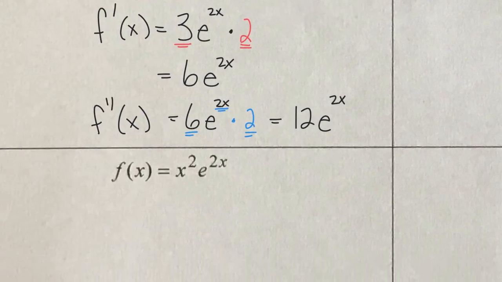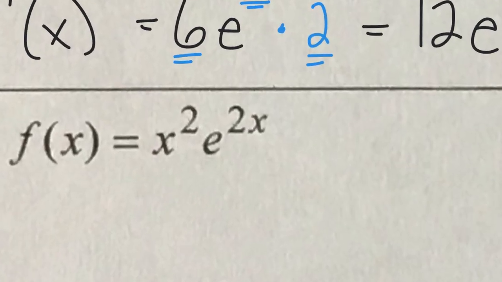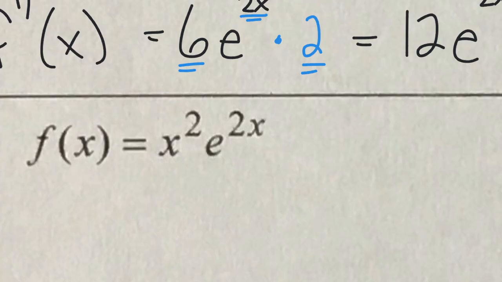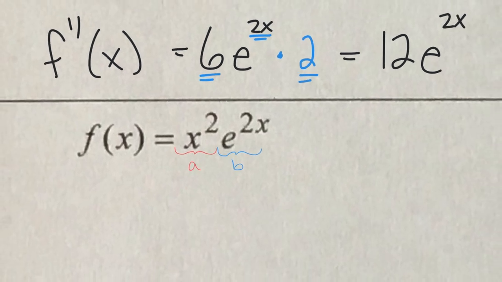Let's do this one, right? This is another product rule. We have your two functions. So here is your a, and here is your b that we are multiplying together. Okay, so this is once again a product rule derivative. So it goes like this.